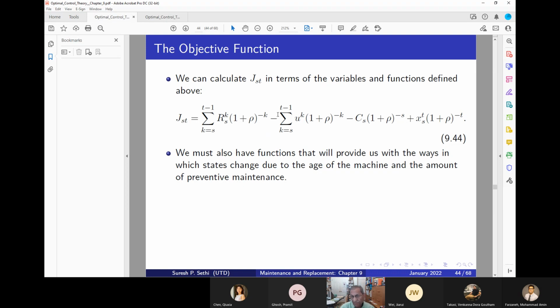We have an integrand and we have a terminal value function, and this is just constant for this problem, but I want to include it in JST because I'm going to eventually need that. But for the control problem, this is just constant. You can remove it. It's going to give you the same control. So without that, the problem is Boltzmann form, and with that it is just a constant term that you could actually put on this side, JST plus CS, whatever. It doesn't really matter.